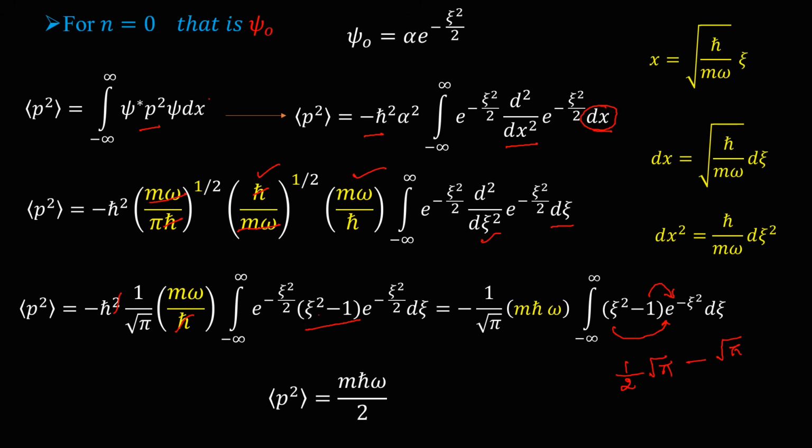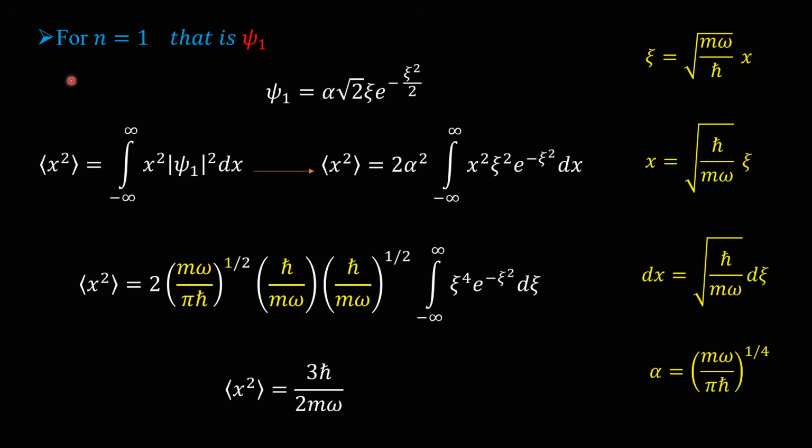So if you subtract this from this, you will get minus square root of pi by 2. Here you can see this square root of pi will get cancelled with this square root of pi. So the remaining thing is you have m h cross omega and this 2 divided by 2. This is the expectation value of p squared.